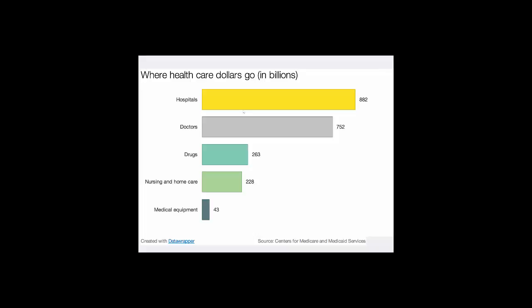But the grand majority of it is hospitals and doctors. And doctors is one of these really difficult problems as well, because it is a big portion of our bill. Most of it is driven through salary, and we still have fewer doctor visits than any other nation.